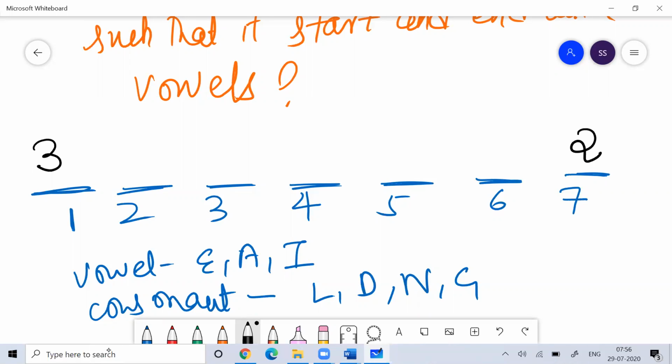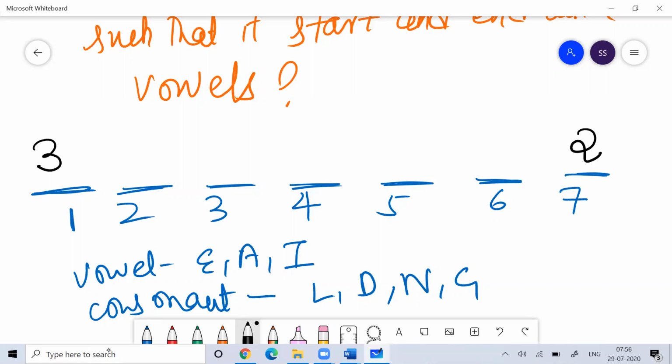Now in last place, any of the 2 vowels can come. Now you have used 2 alphabets, one from E and I.